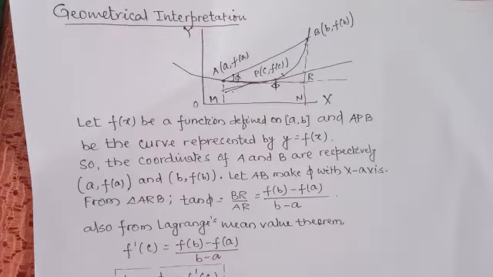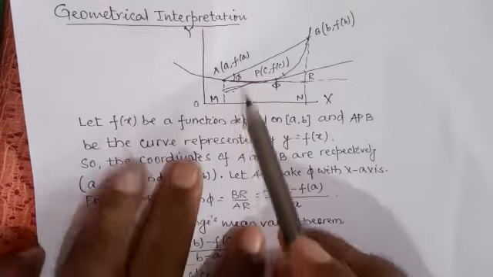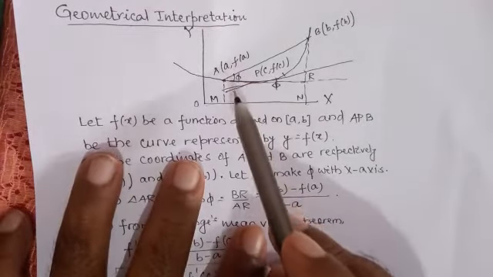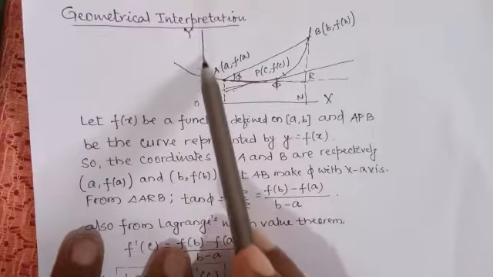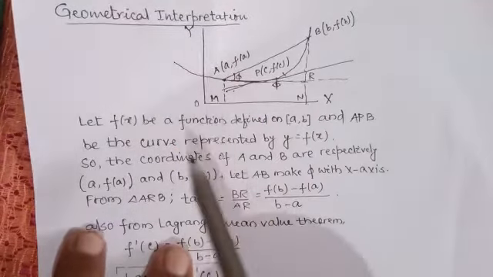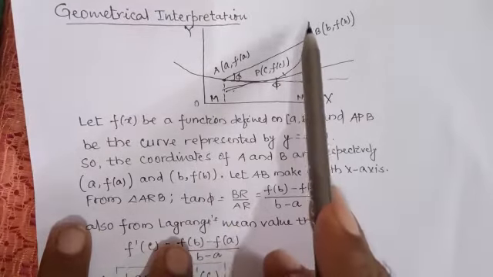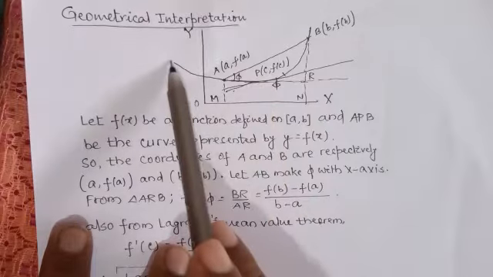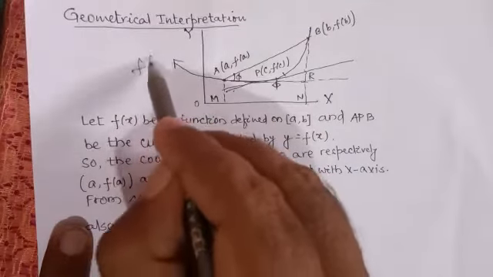Students, see the geometrical interpretation of Lagrange's mean value theorem. First, understand the graph or the figure carefully. This is our x and y axis, and this curved line we suppose is the given function.